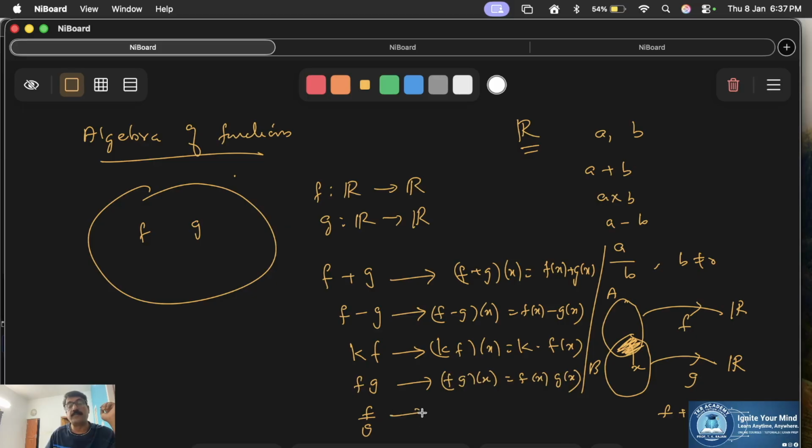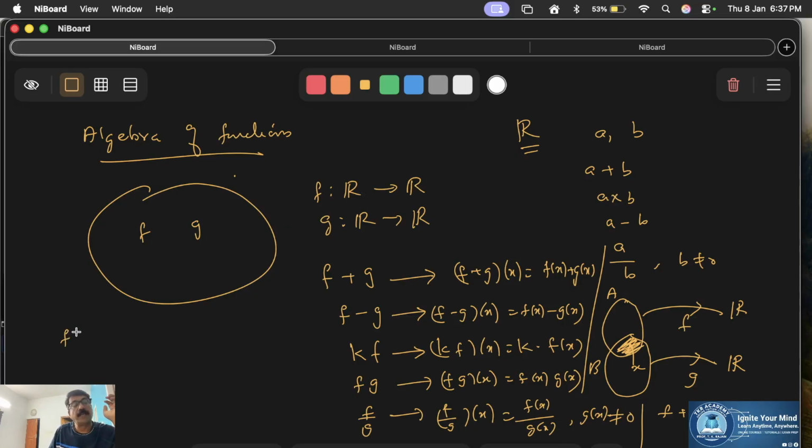And f by g of x, the quotient function, is equal to f of x divided by g of x, but with the restriction that those x for which g of x is equal to 0 are not defined. That is, g of x should not be 0 for defining f by g.